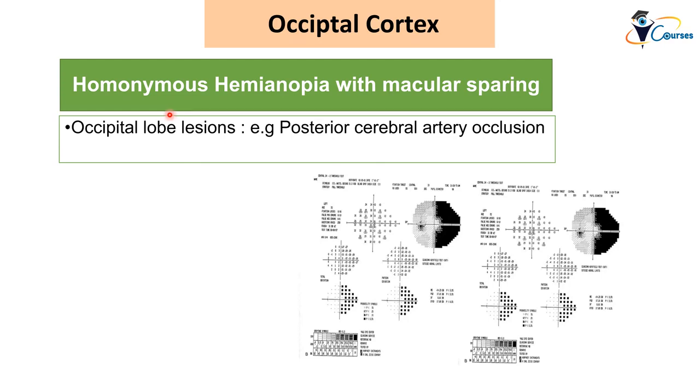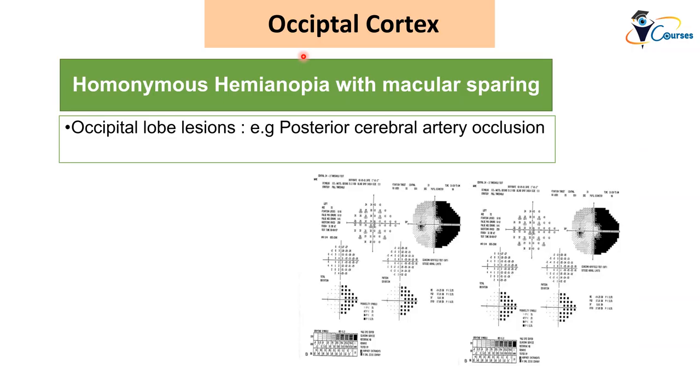It could be a homonymous hemianopia with macular sparing. This mainly occurs with lesions involving the occipital lobe, like posterior cerebral artery occlusion. If there is occlusion of the posterior cerebral artery, the central part of the occipital cortex representing the macular fibers will still be supplied by branches from the middle cerebral artery.